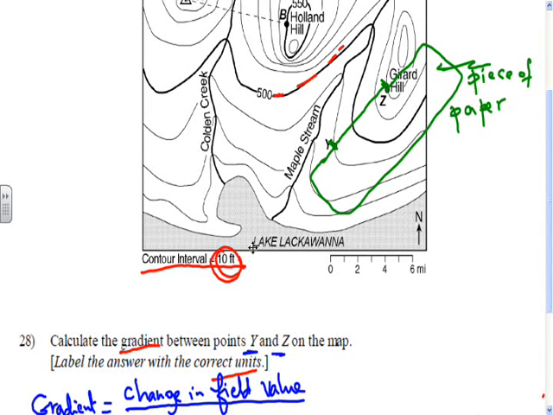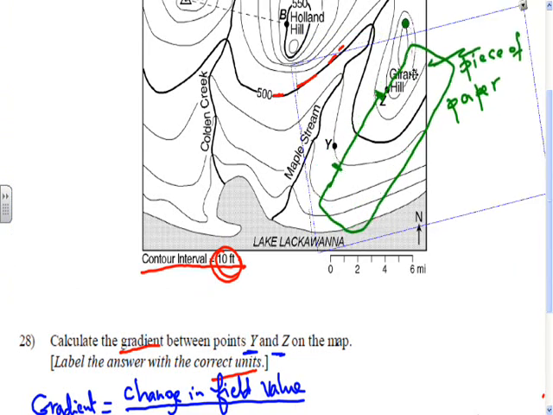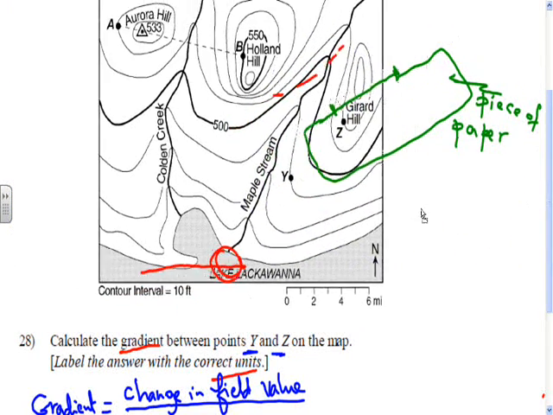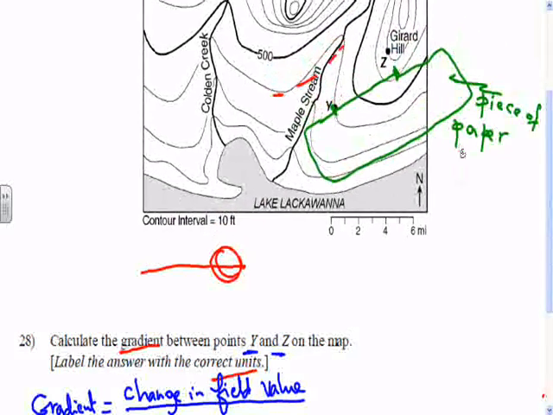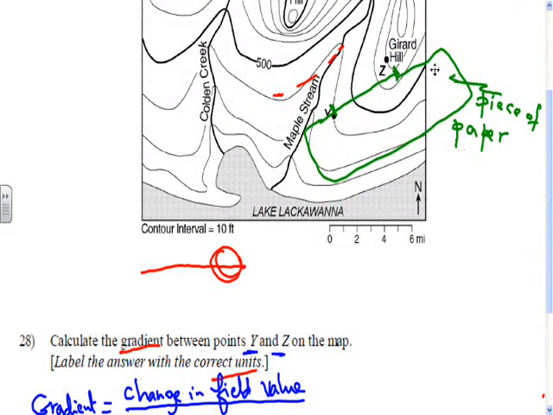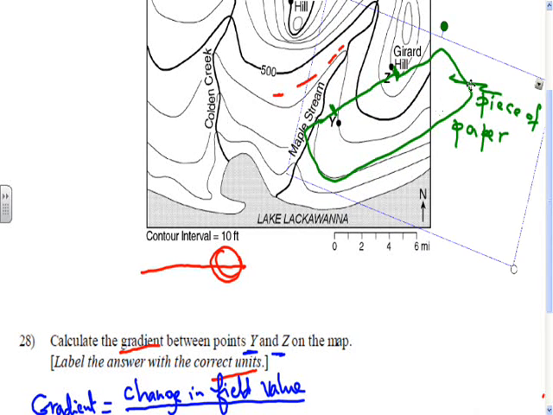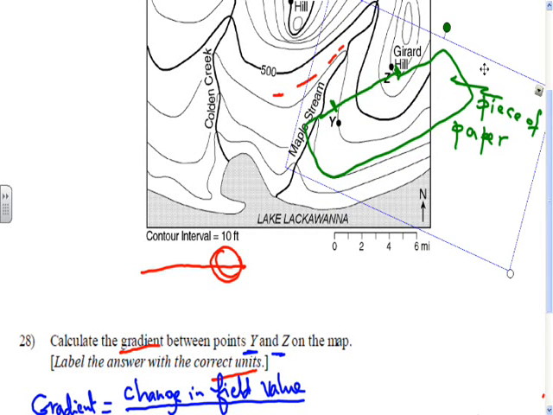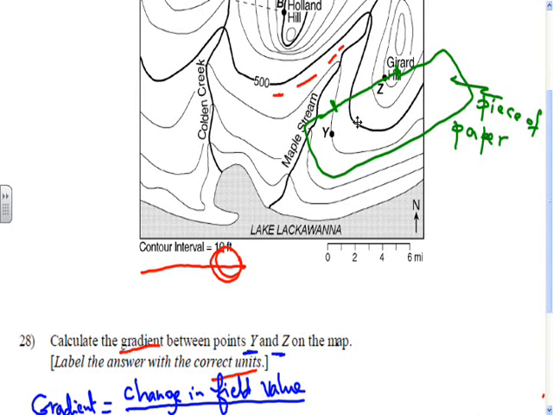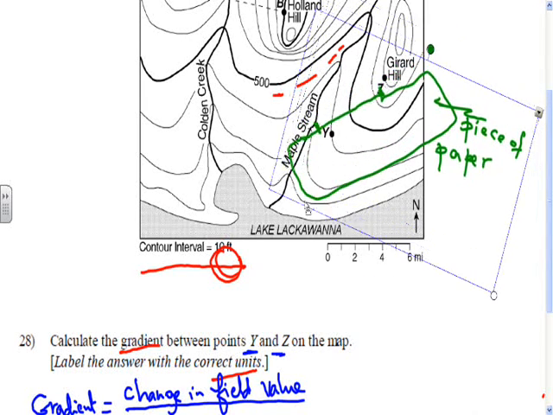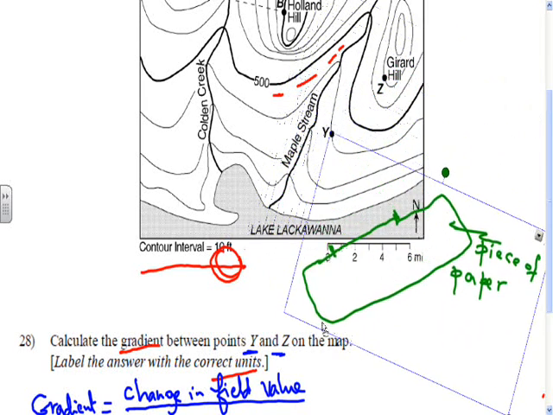Then you take this piece of paper all the way here. I'm moving the map actually, but let's drag this piece of paper.